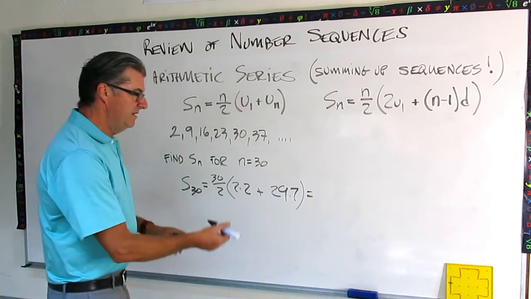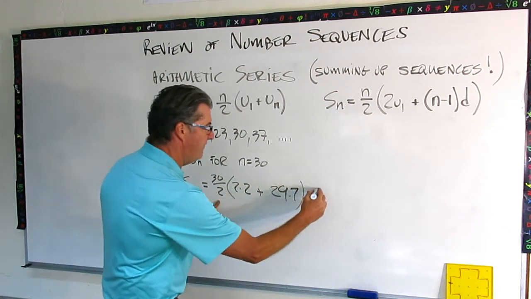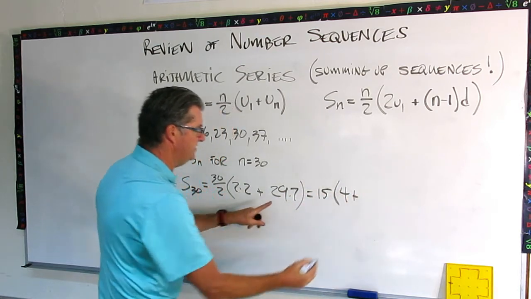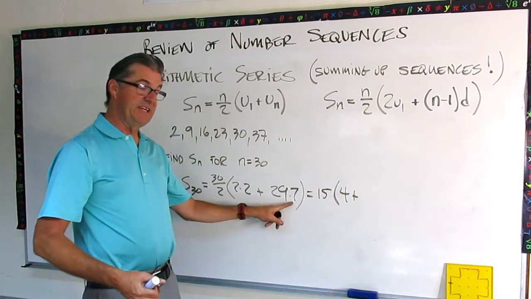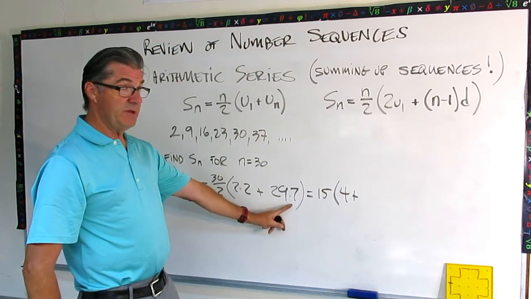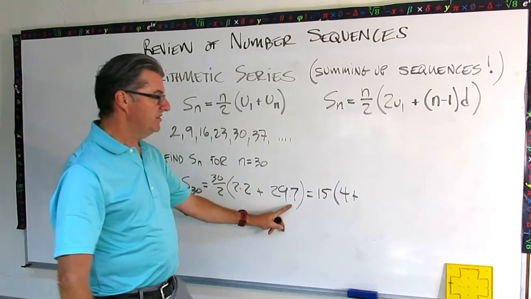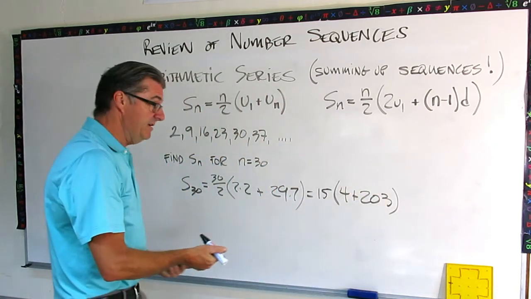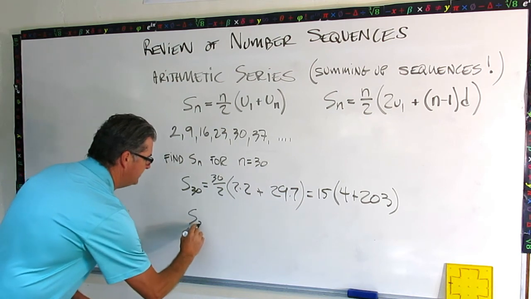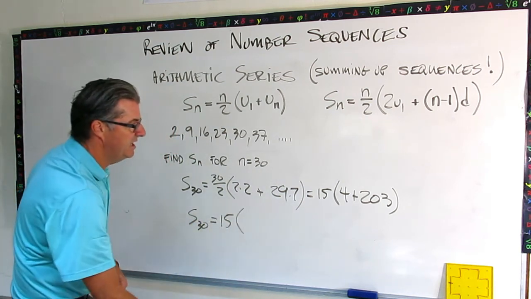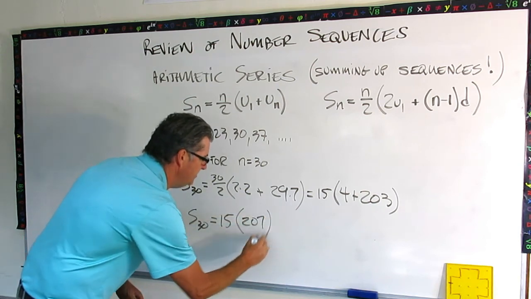All right, so let's just bring it over. I have 15 times (4 plus 29 times 7). Let's see. 30 times 7 is 210. So we have 1 less 7, so that's going to be 203. I hope I got that right. So S sub 30 is going to be 15 times 207.